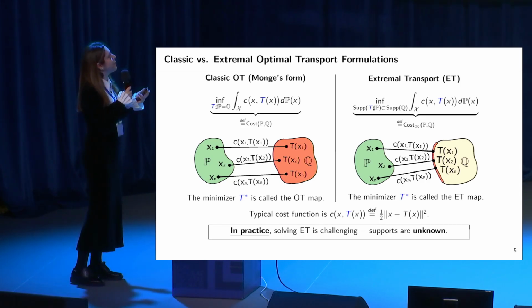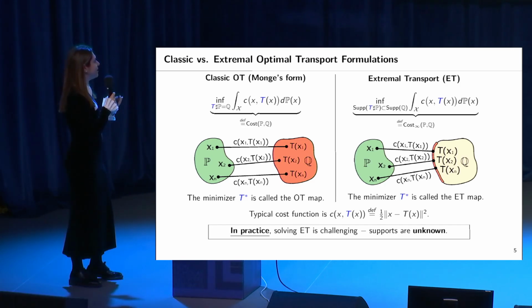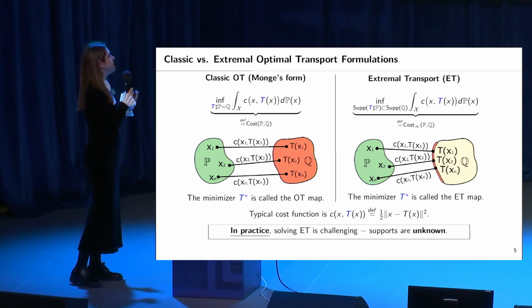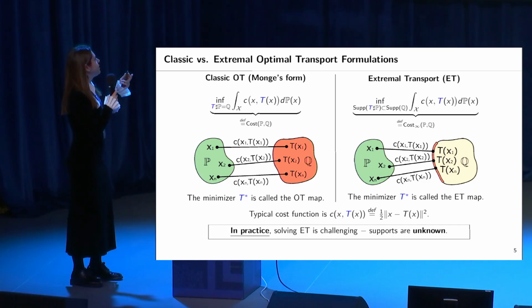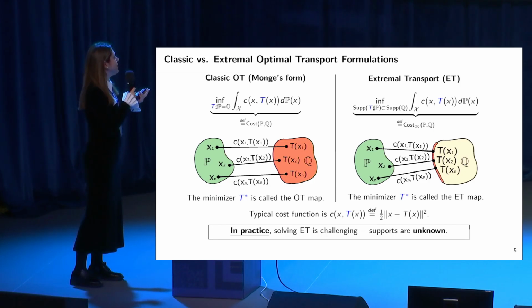This formulation allows achieving maximum similarity, but it is not obvious how to solve it in practice, because this objective on the supports, this restriction on the supports, is challenging to attain in practical scenarios.